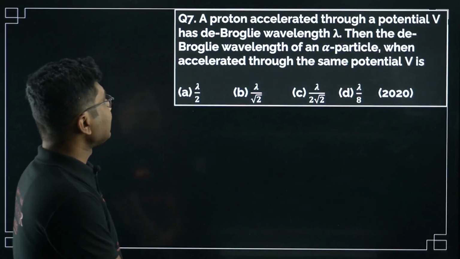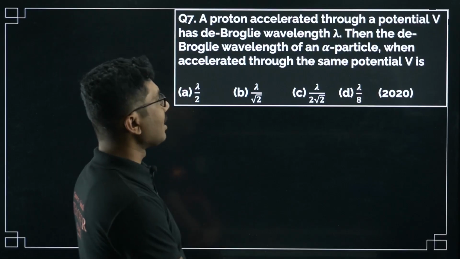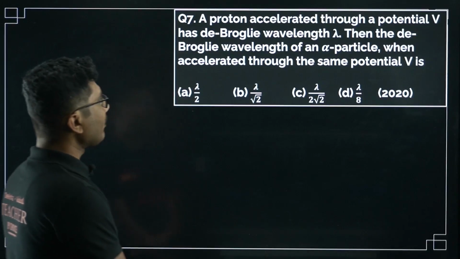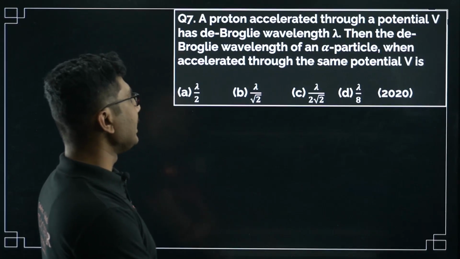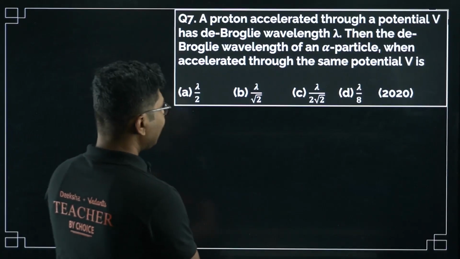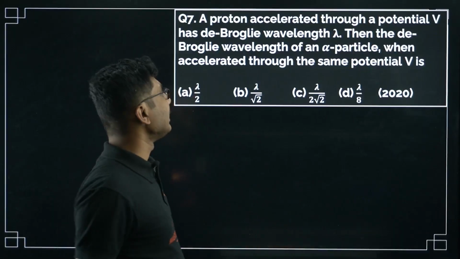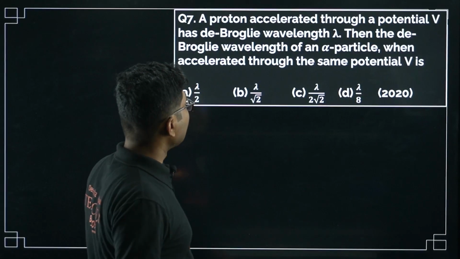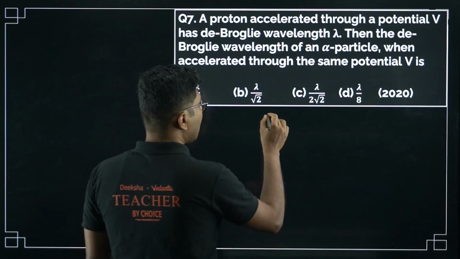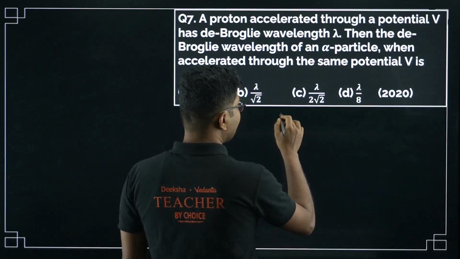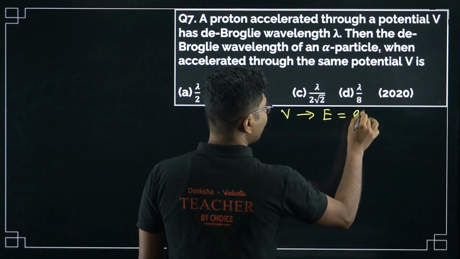A proton accelerated through a potential V has de Broglie wavelength lambda. Then the de Broglie wavelength of an alpha particle when accelerated through the same potential V is? When a proton accelerates through the potential V, the energy is given by eV.